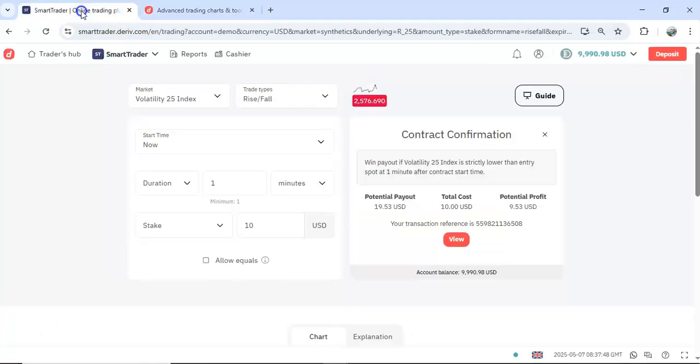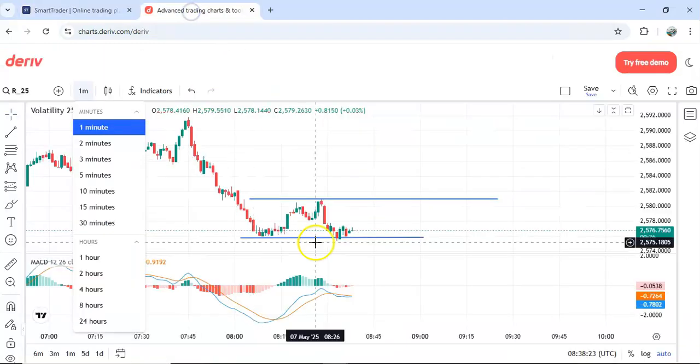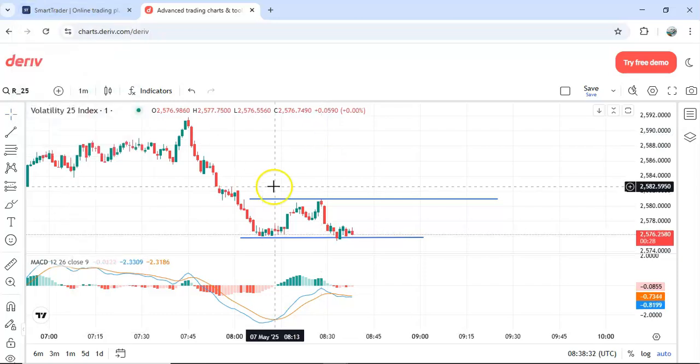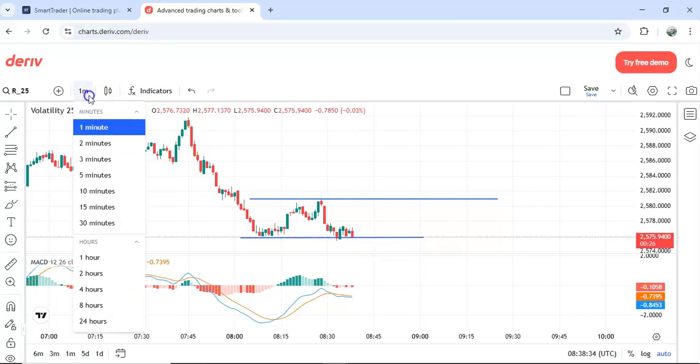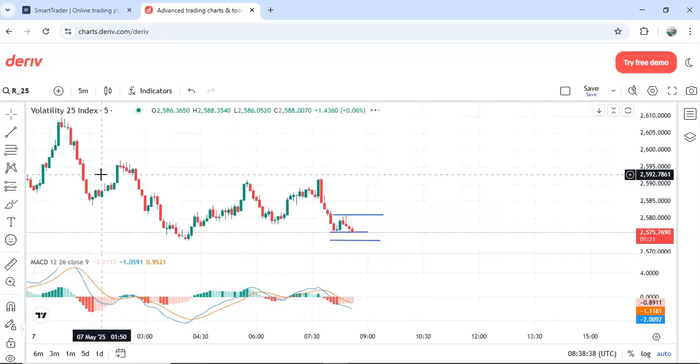Okay, back to rise. So let's see. Okay, no rush. We can also choose, so let me remove this. We can choose to go with 5 ticks, but 5 ticks it's a bit trickier using the trading view.